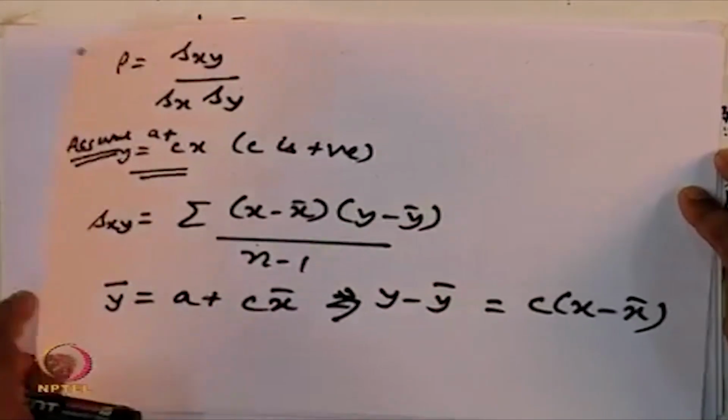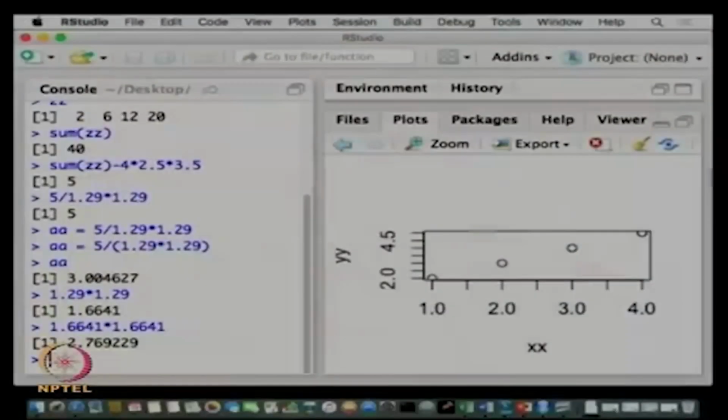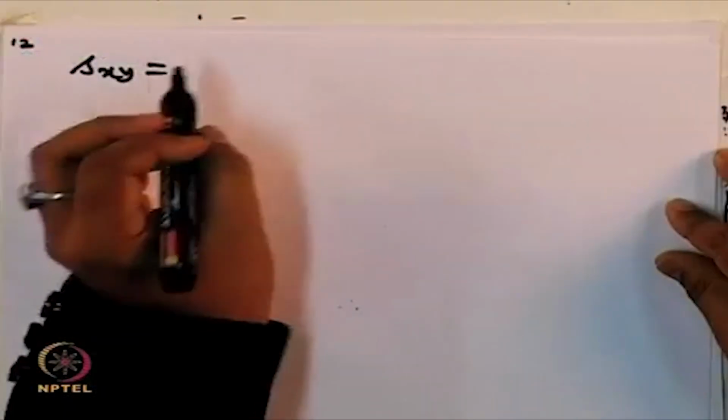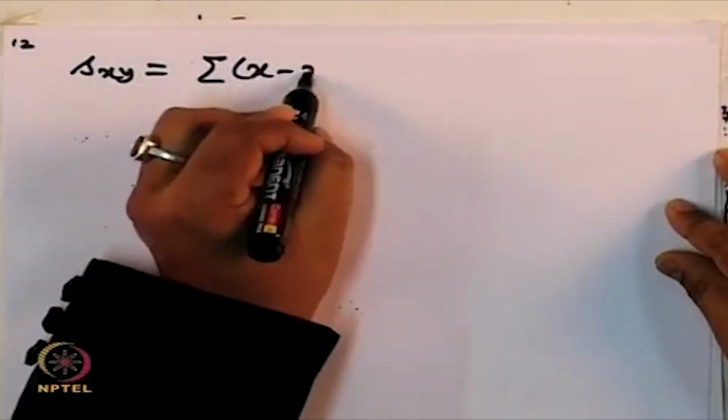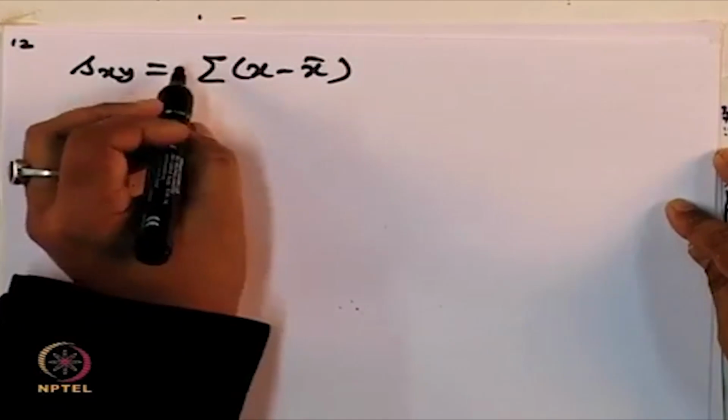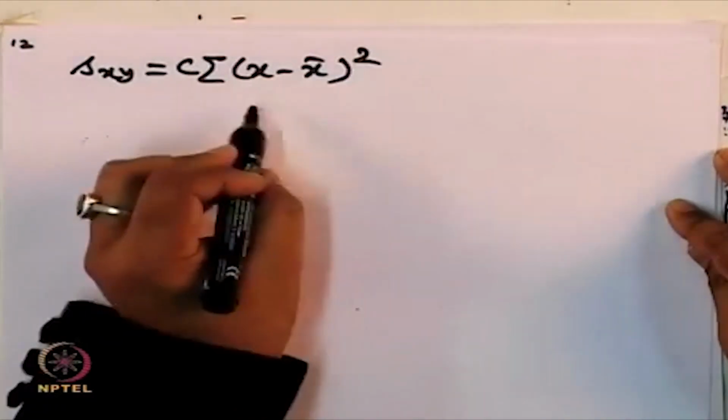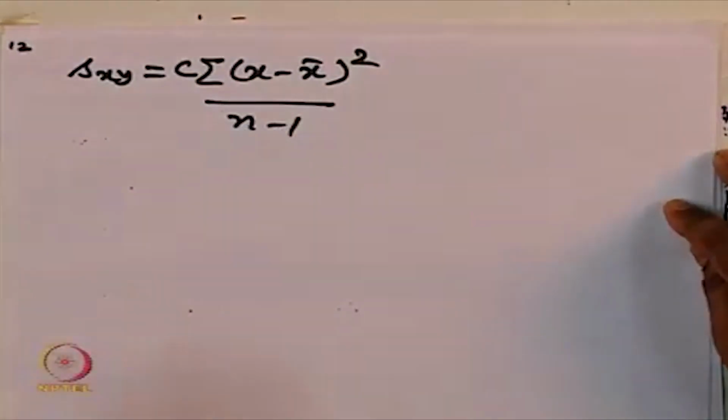So, if this is true, I can compute the value of Sxy as summation of x minus x bar whole square, with C taken out, divided by n minus 1.